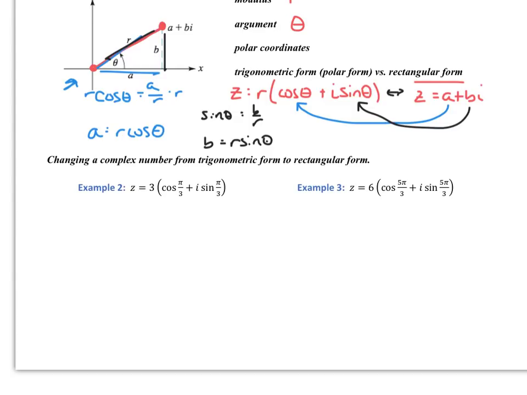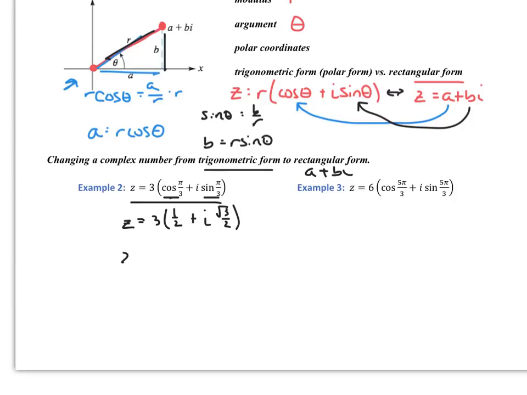All right, so here's our trigonometric form, and we want to convert it to rectangular form, which is a plus bi. I just have to think about changing cosine of pi over 3 and sine of pi over 3. So if I have my unit circle, that would be 3 times cosine of pi over 3, which should yield a 1/2, plus i times sine of pi over 3, which should yield root 3 over 2.